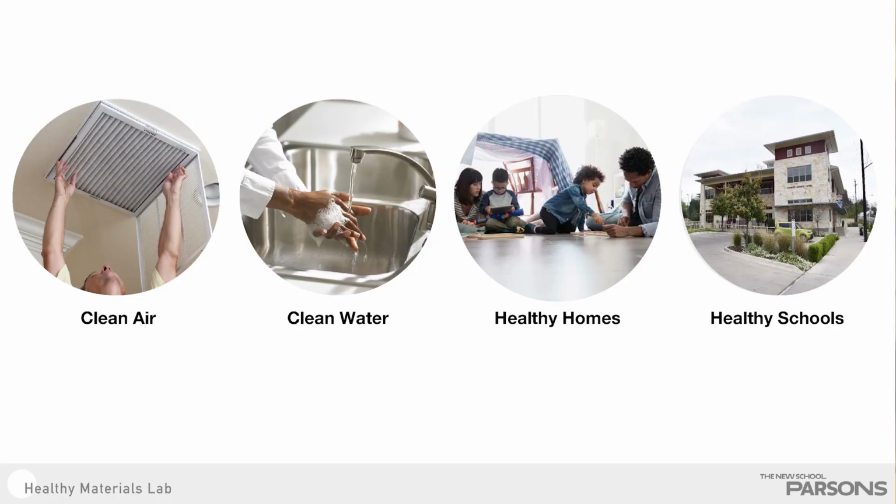When we think about environmental exposures, part of our job as environmental pediatricians is to help families contextualize risk and to really think about what may be top of their list. And so the things that we think of as top of the list include things like clean air and water, healthy homes and healthy schools.